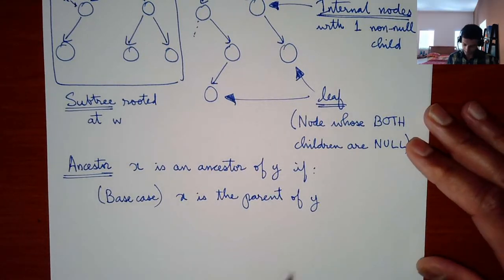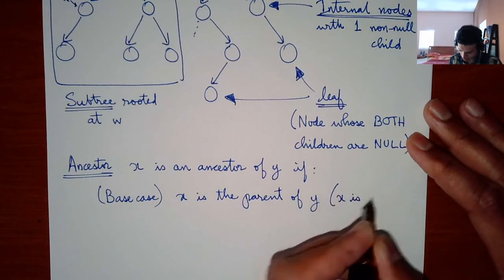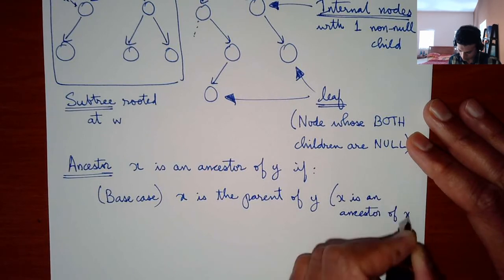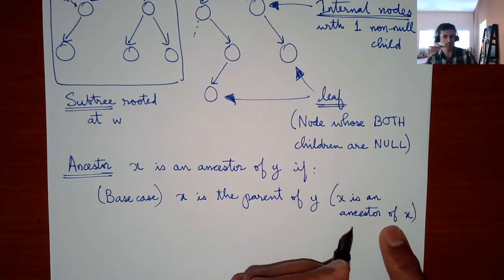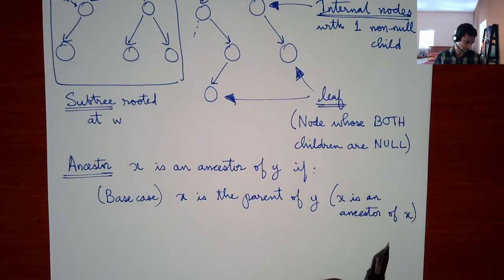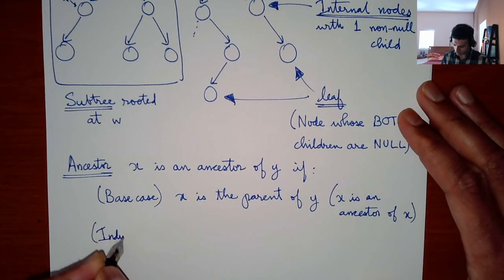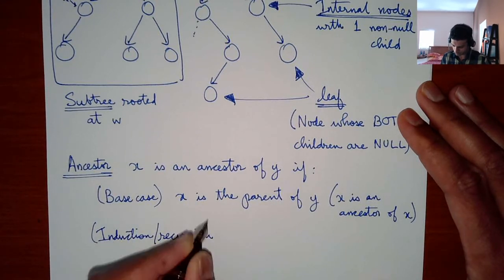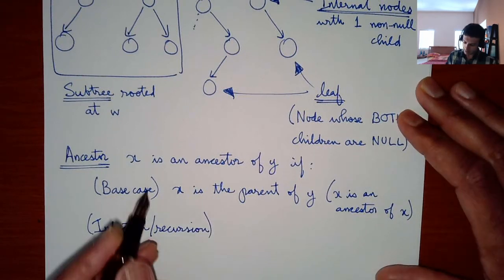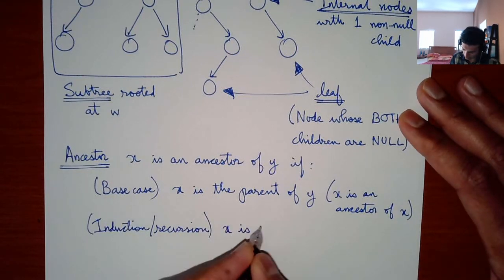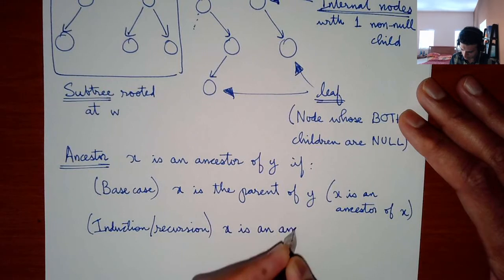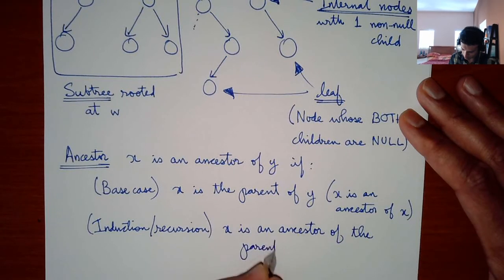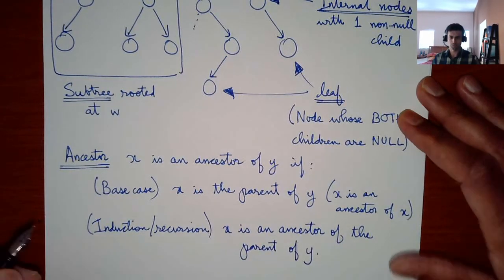And just to be clear, we can say X is an ancestor of X. So actually you can make this the base case. X is the ancestor of itself, and then the induction or the recursion is that X is an ancestor of Y if X is an ancestor of the parent of Y. Right?